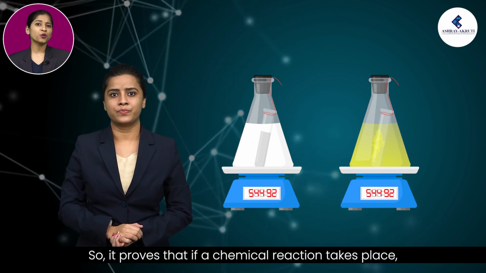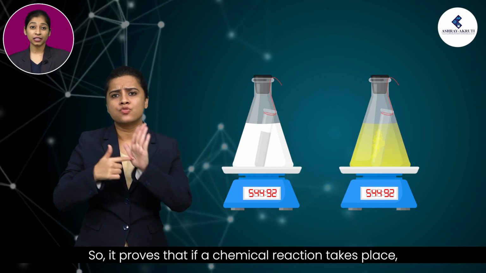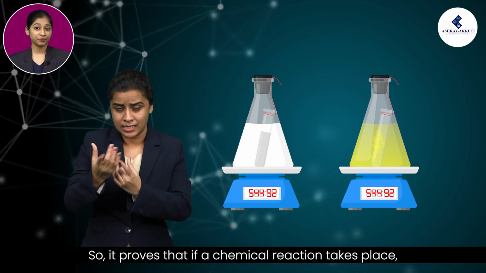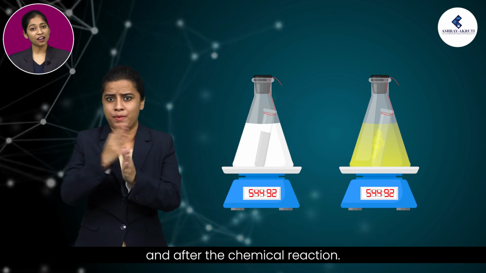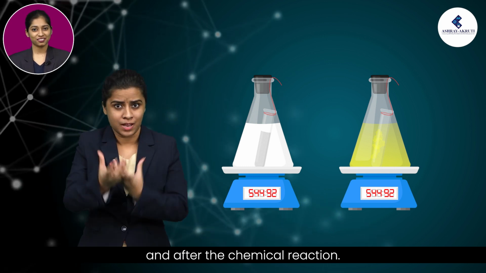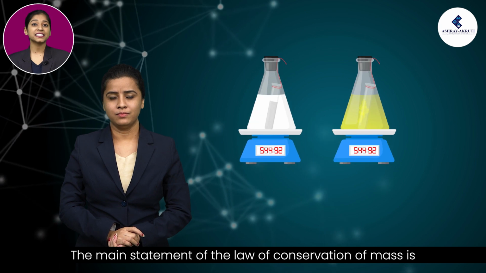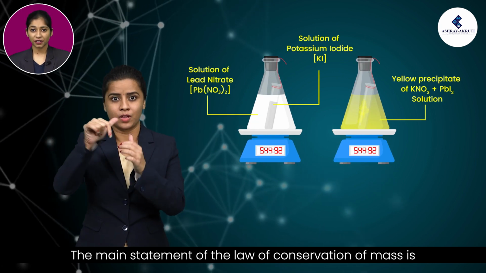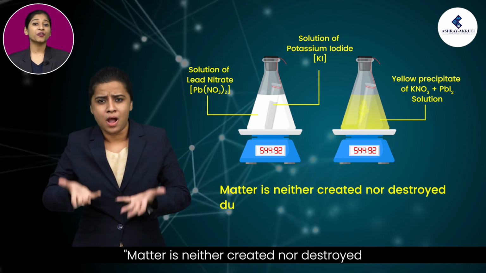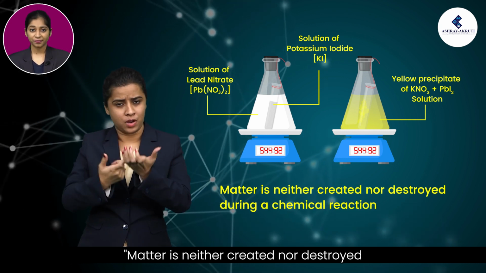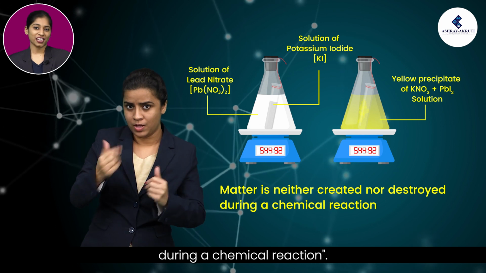So, it proves that if a chemical reaction takes place, the mass remains the same before and after the chemical reaction. The main statement of the law of conservation of mass is, matter is neither created nor destroyed during a chemical reaction.